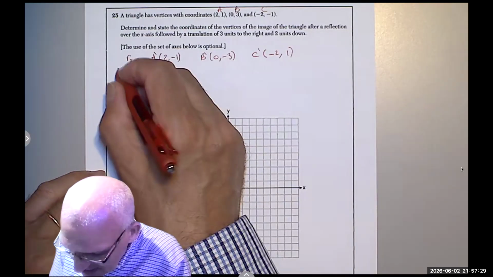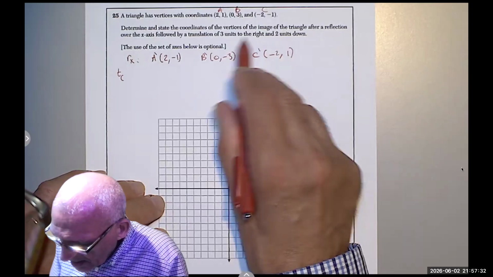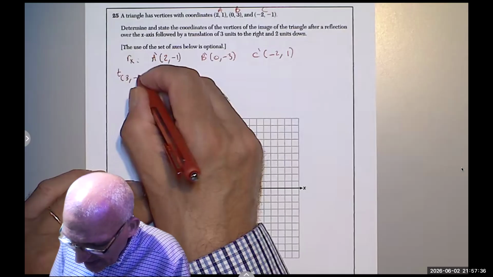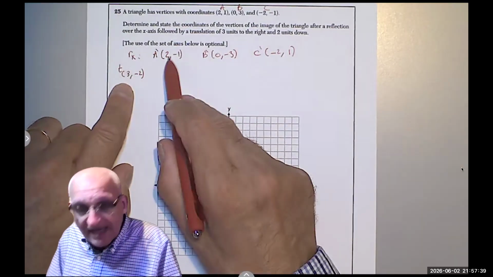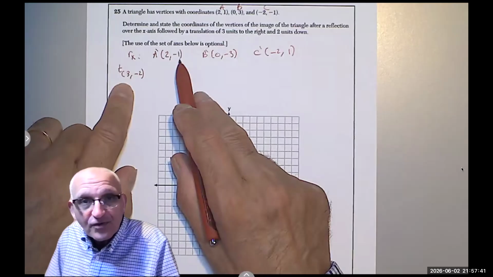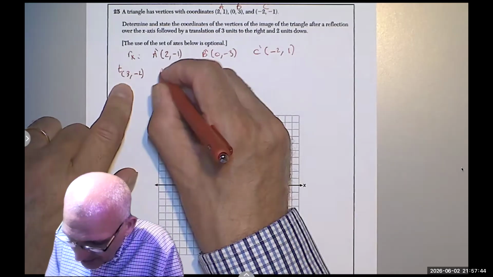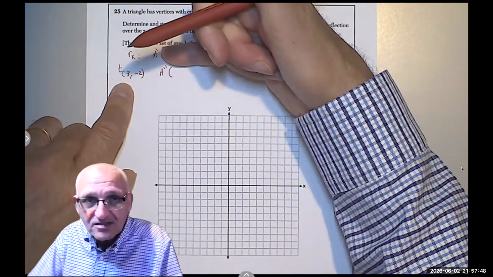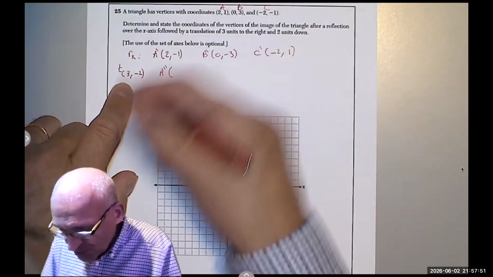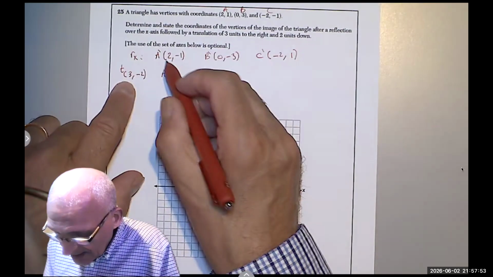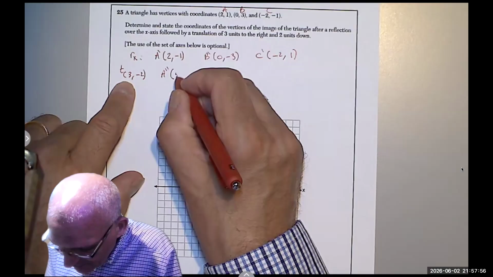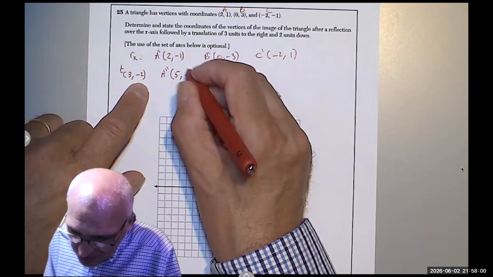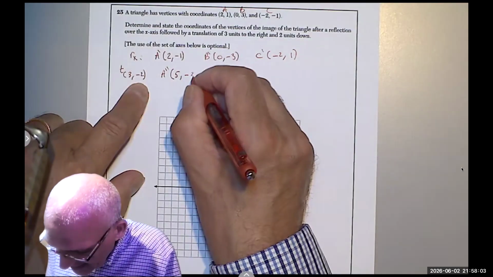The second operation is a translation, 3 units to the right and 2 units down. So I'm going to add 3 to the x and subtract 2 from the y. If we assume this is the first image and that is the second, since we are doing 2 operations, A double prime is 2 plus 3, which is 5, and subtracting 2 from -1 gives -3.